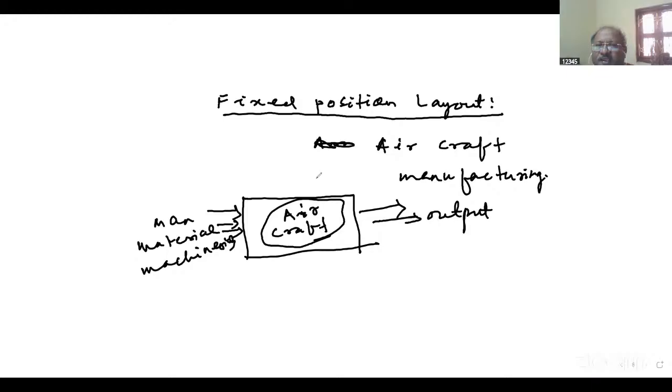So that is why in case of fixed position layout, your man, material, and machineries are brought to that place where those bulk size products are being manufactured. Various spare parts are manufactured in one location, and these spare parts are assembled together to manufacture that aircraft, a Boeing jet whose capacity is to accommodate 700 plus passengers.